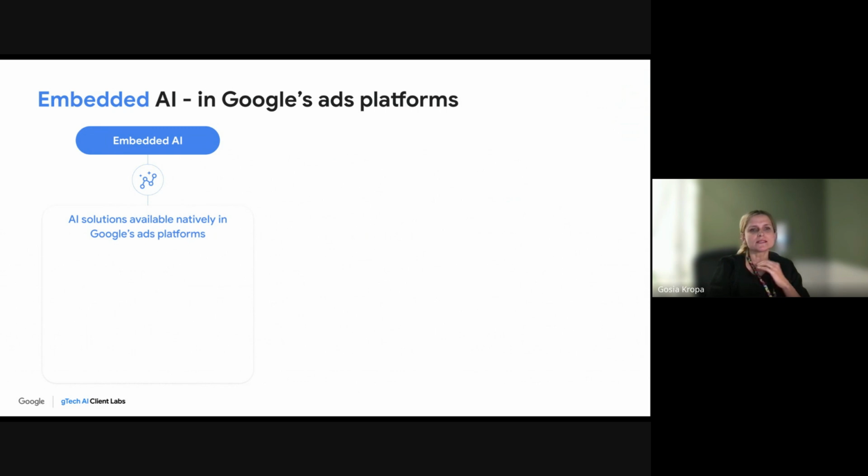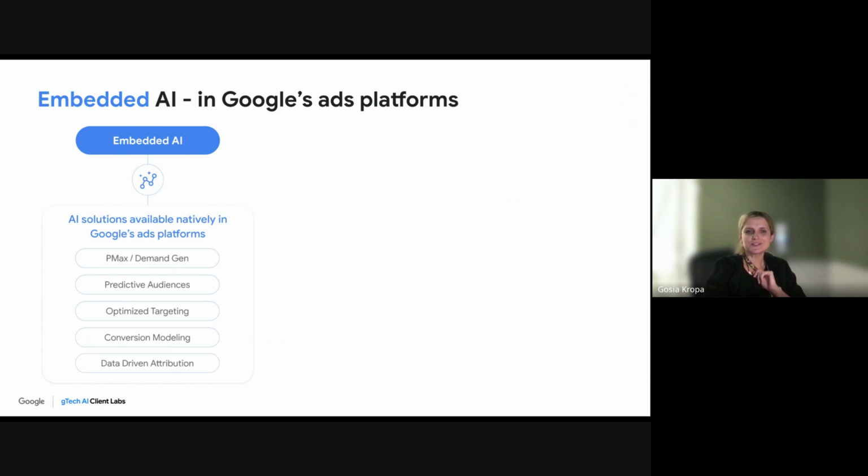So that's solutions available natively in Google's ads platforms. So if you're familiar with the Google Ad Stack, and I know you are, you may have heard of PMax, Demand Gen, next predictive audiences, optimized targeting, conversion modeling, data-driven attribution.